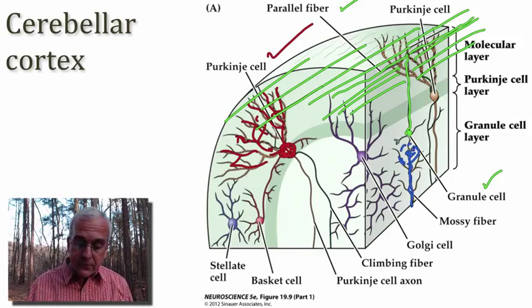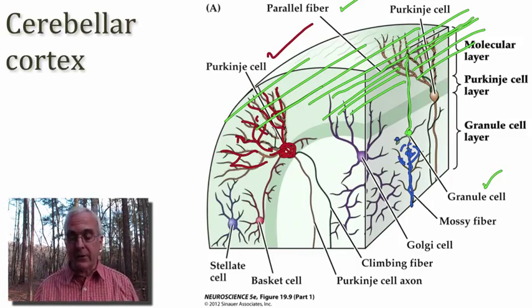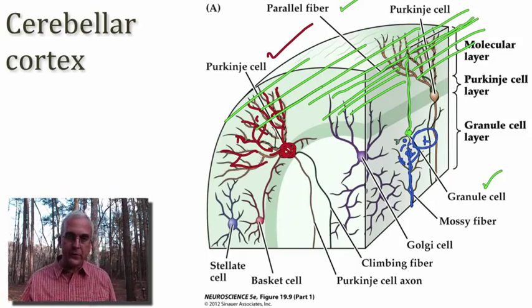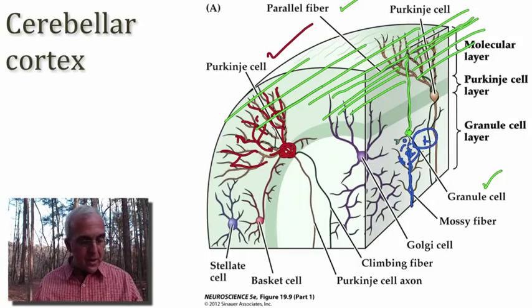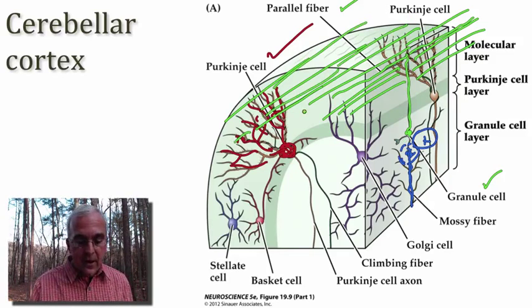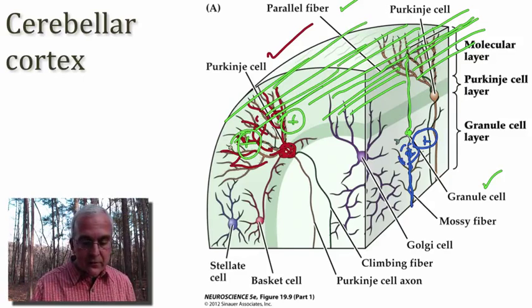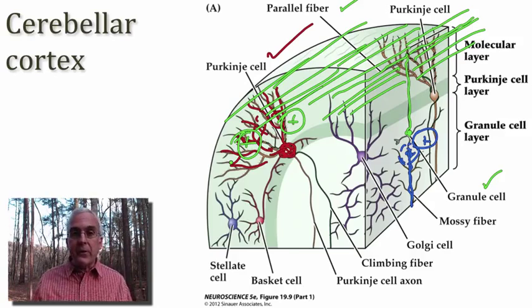These mossy fibers are synapsing on the dendrites of the granule cells, and this is an excitatory synapse, so the mossy fiber is exciting the granule cell. The granule cell gives rise to these massive parallel fibers that make an excitatory synaptic connection onto the dendrites of the Purkinje neuron. So the granule cell parallel fibers then are exciting the Purkinje cells.